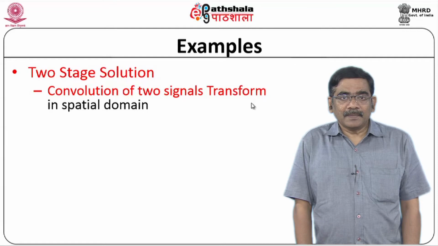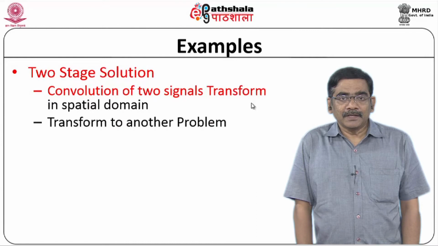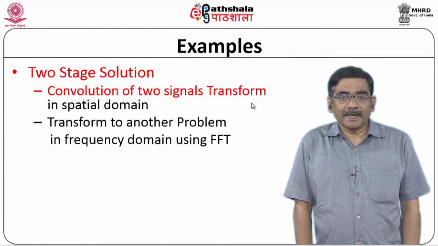So, it is a very complicated procedure. So, what we can do is we can transform this problem to the frequency domain. In one of the earlier module, we discussed about the fast Fourier transform, using which we can convert the signal information from the spatial domain to the frequency domain.